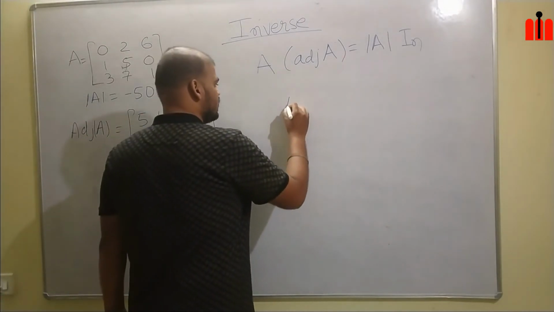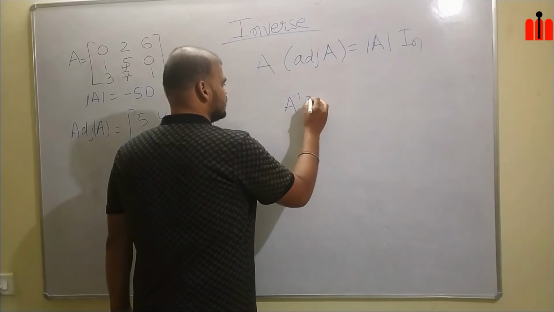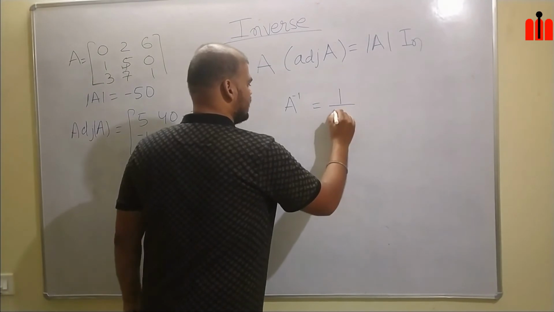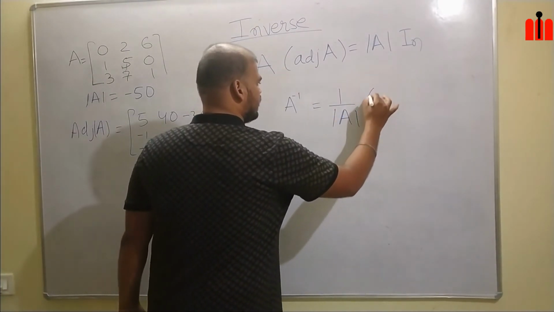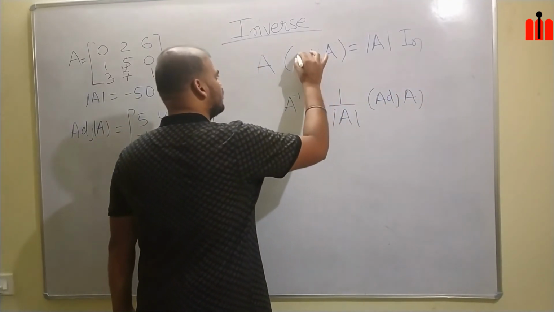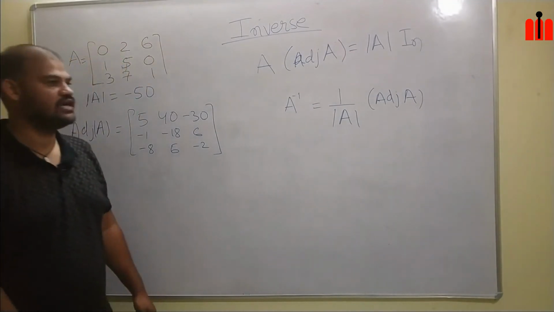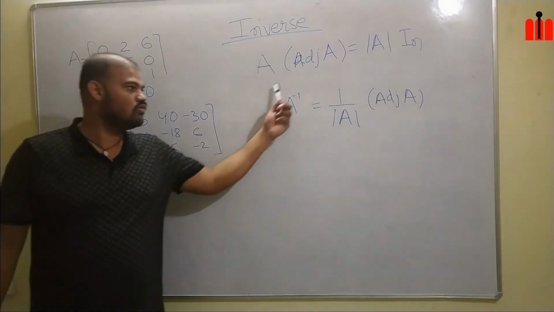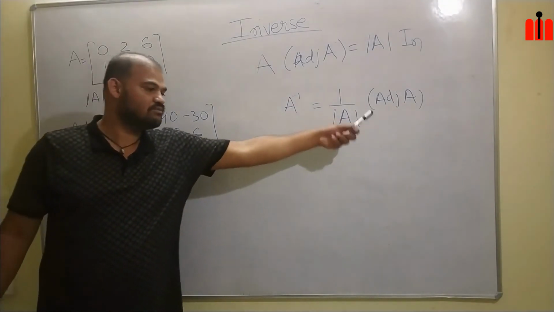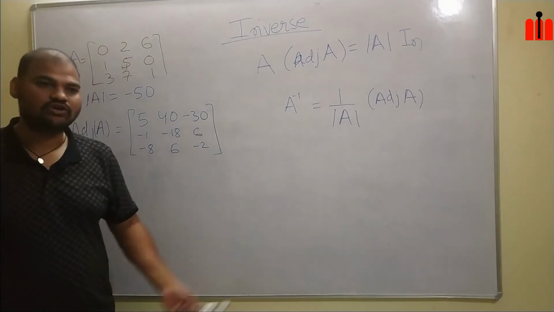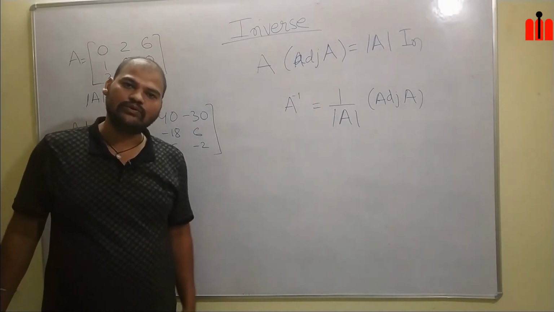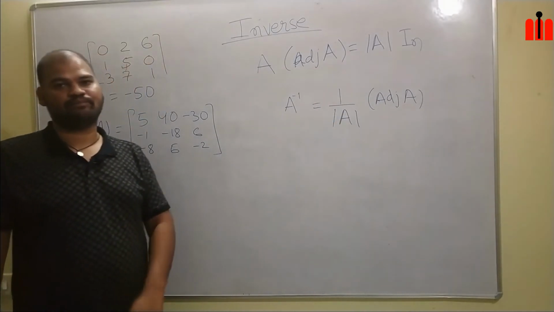Then we will get A inverse is equal to 1 by det A into adjoint of A. This is how we will find the inverse of a matrix. If A is a matrix, then inverse of that matrix is given by A inverse, which is 1 by det A into adjoint of A. Okay.